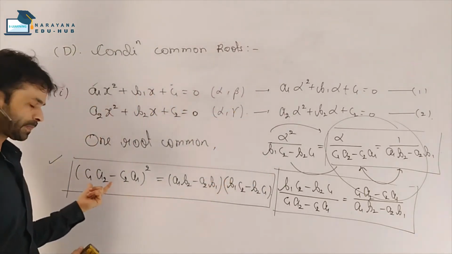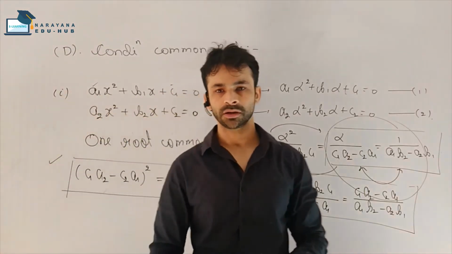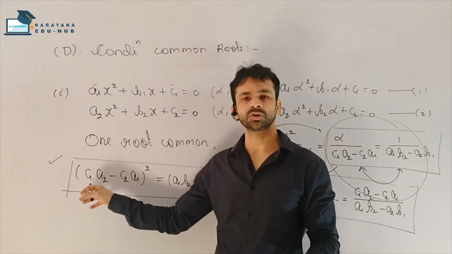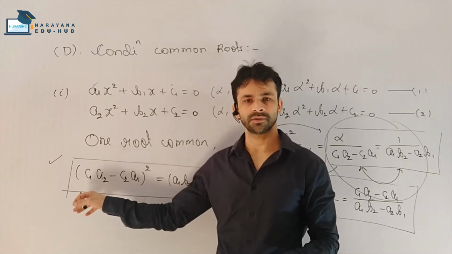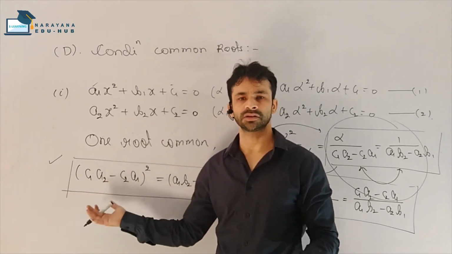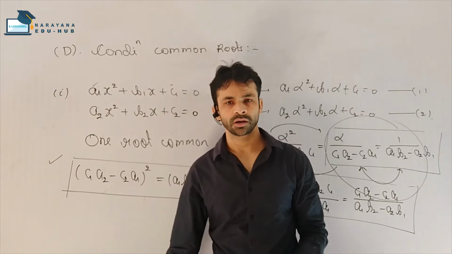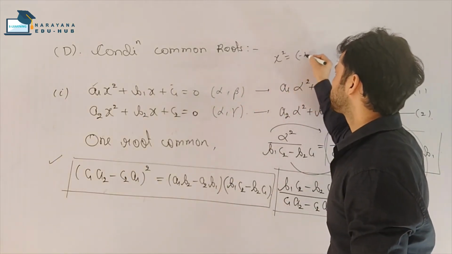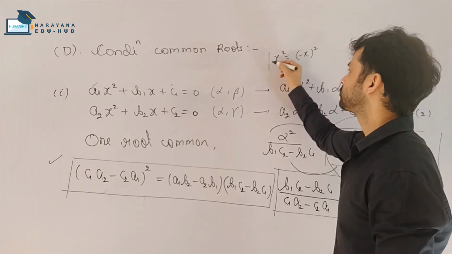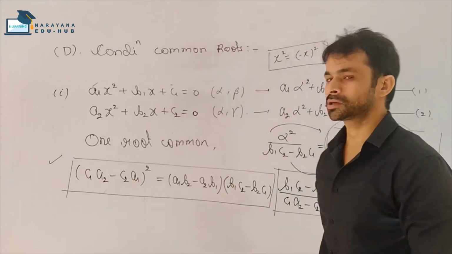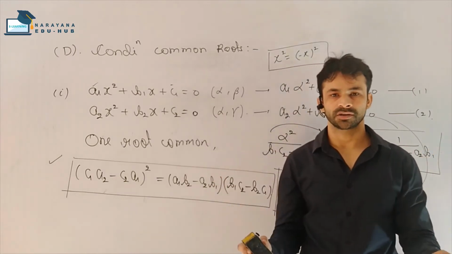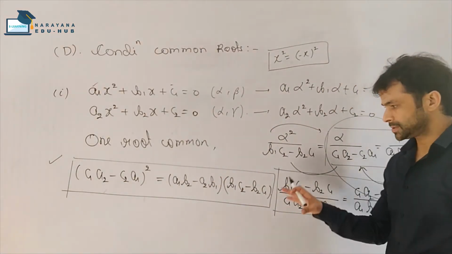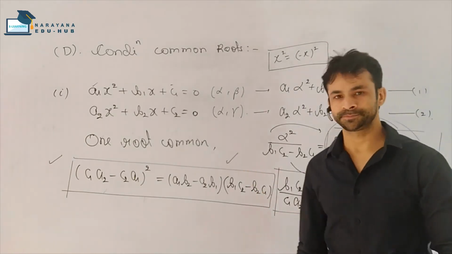Since this is a square, you can also write a1 c2 minus a2 c1, because x square and minus x square are the same. The square is always positive. So this is the condition you have to remember.